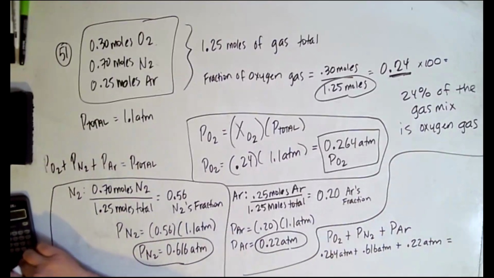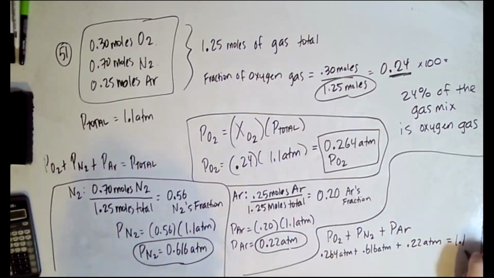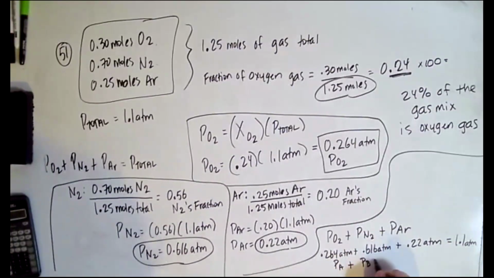I get 1.1 atmosphere back out. So this is like doing pressure of A plus pressure of B plus pressure of C equals total pressure.